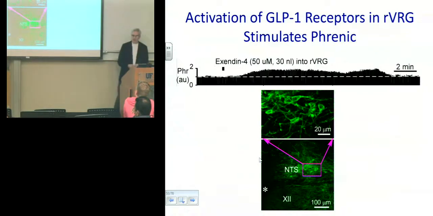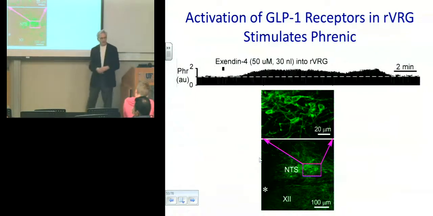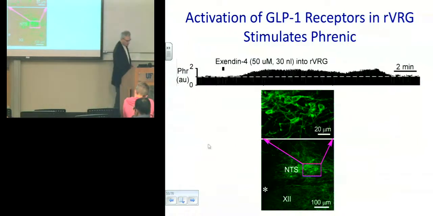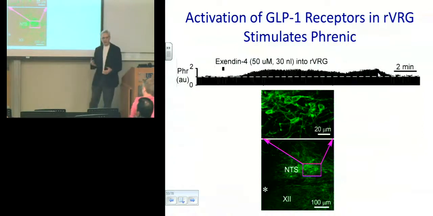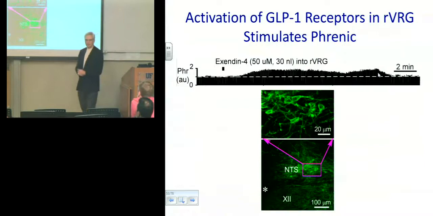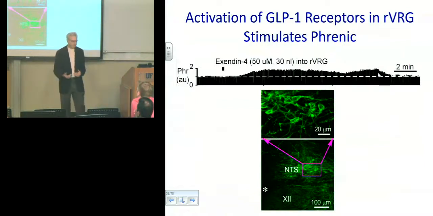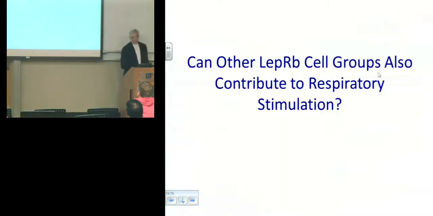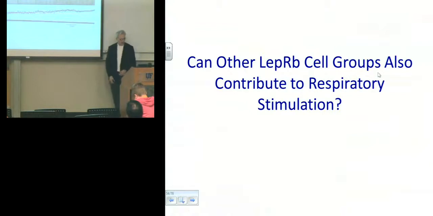So we simply injected an agonist, a synthetic GLP-1, into the ventral respiratory column, and when we do that, we get a nice little stimulation of breathing. Certainly amplitude increases without that decrease in respiratory rate. So we think at least the stimulation of the amplitude is probably mediated via these neurons from the NTS. But there are several other populations, as we already mentioned, and what happens with them.